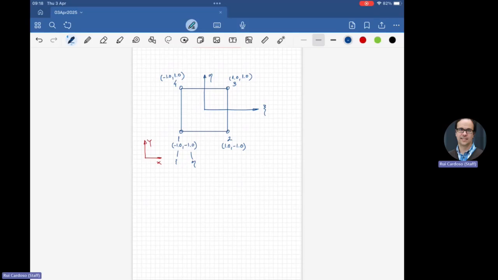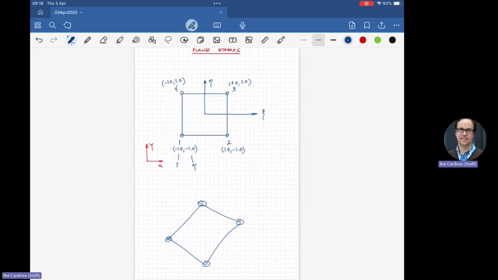Now, if you have an element that is, for example, squeezed or distorted, the shape functions will still be defined on this xi and eta coordinate system.